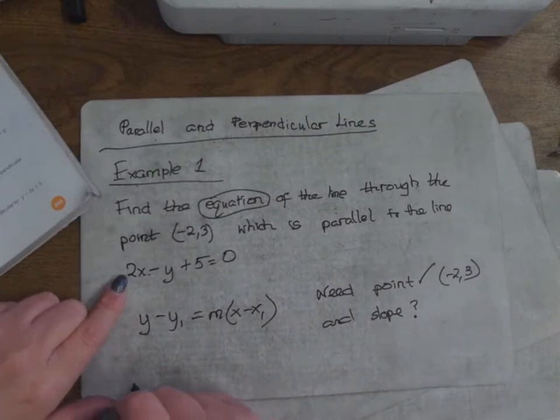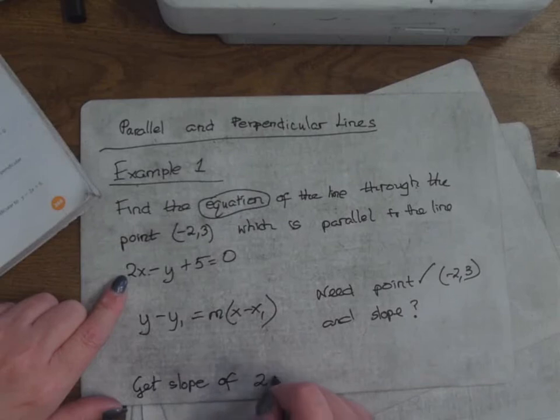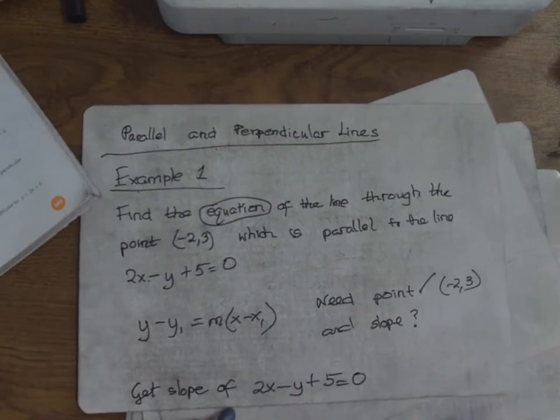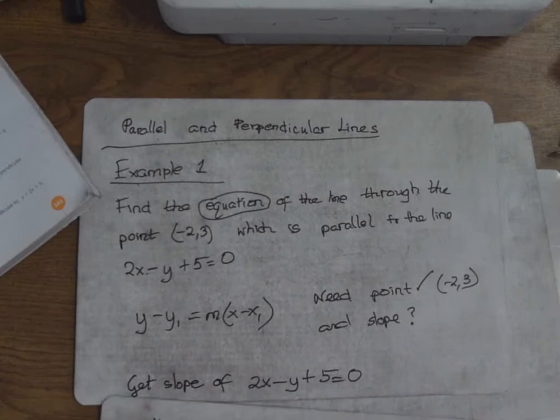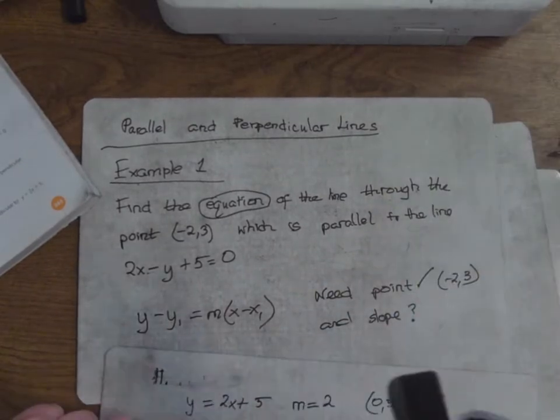So I need to get the slope of, and it's the section we've just done. How do I get the slope of that line? Anyone? Please? Remember?